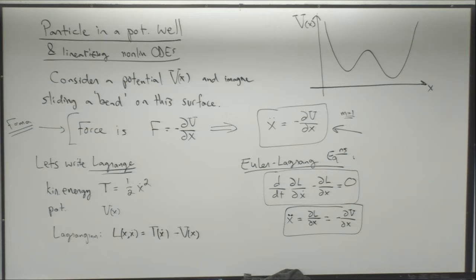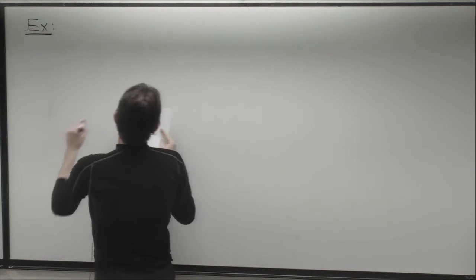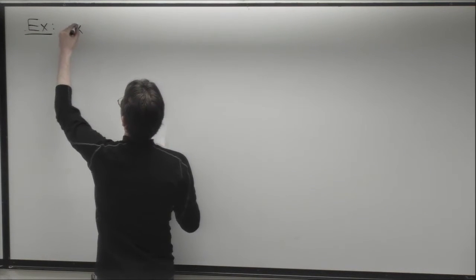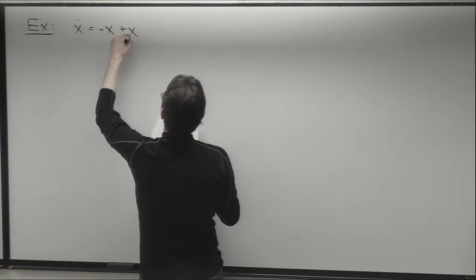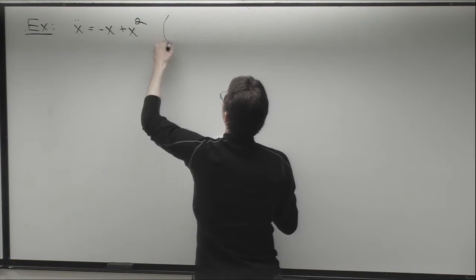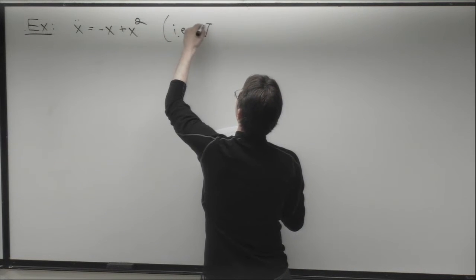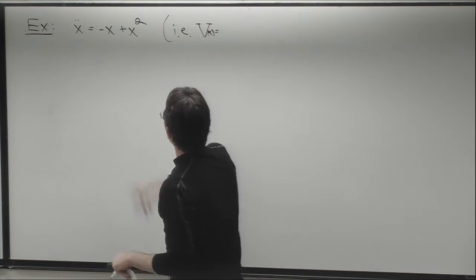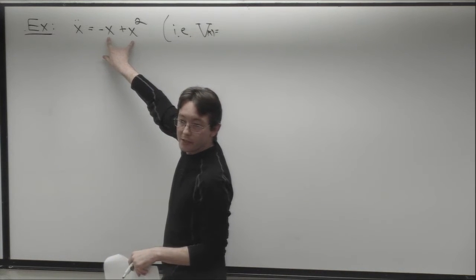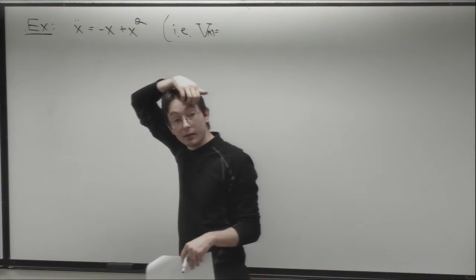Yeah? Okay. Let's do an example. This is one of my two favorite vector fields. I have favorite vector fields. This is my second favorite vector field. Okay, so x double dot equals minus x plus x squared. And this corresponds to a potential energy of... How would I figure out what the potential energy is for this ODE?